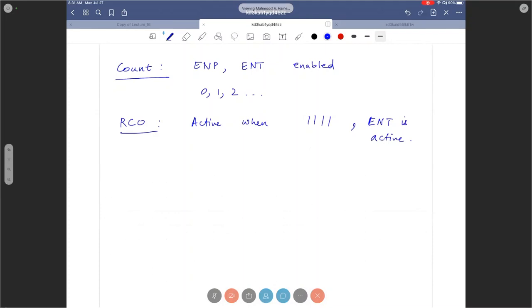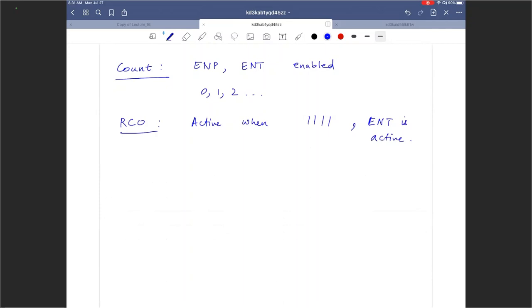74x163. We need to make sure ENP and ENT are both on, so if we get the output 1111, RCO will output 1, otherwise it will output 0.